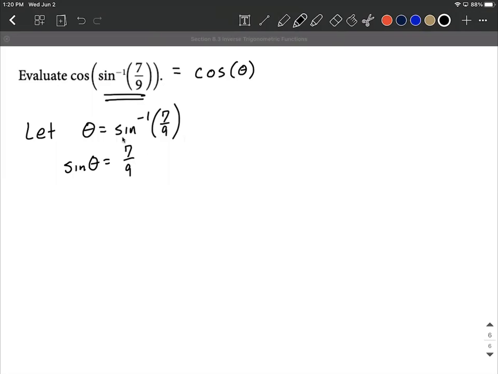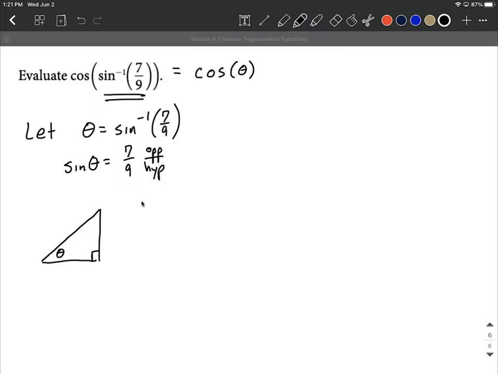When you apply it to the right-hand side, the sine and sine inverse composed together get some nice canceling out. From here, if we know that sine of theta equals 7/9, we can draw a quick right triangle, because we know from SohCahToa that sine is defined to be opposite over the hypotenuse.